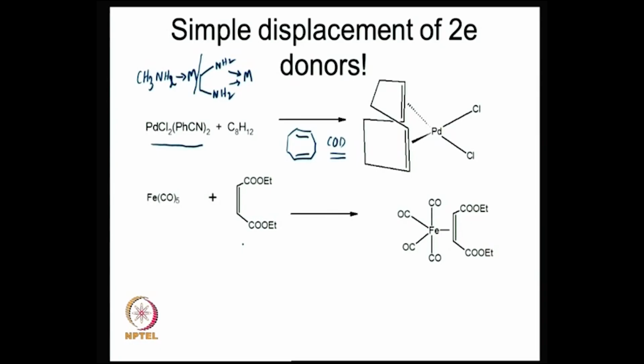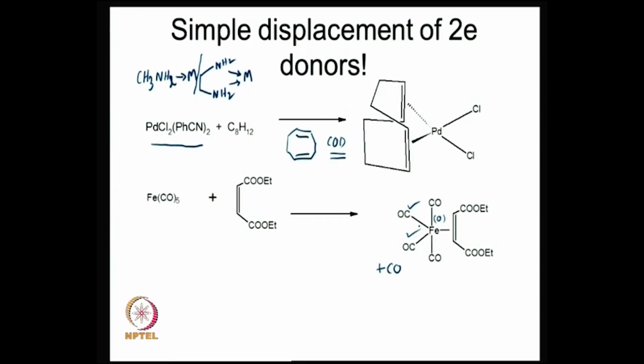But when you want to do a substitution reaction with an olefin, the trans carbon monoxide gives way, so that one carbon monoxide will have better pi accepting property from the metal, and a weakly coordinating ligand can be present in the coordination sphere. And here we have iron in the 0 oxidation state. It is an 18 electron complex where carbon monoxide has been displaced, so that the other two carbon monoxides which are present in the same plane will have better pi bonding characteristics from the iron.